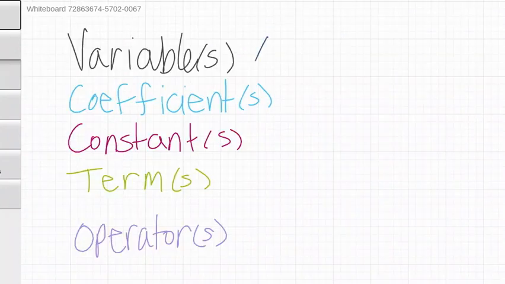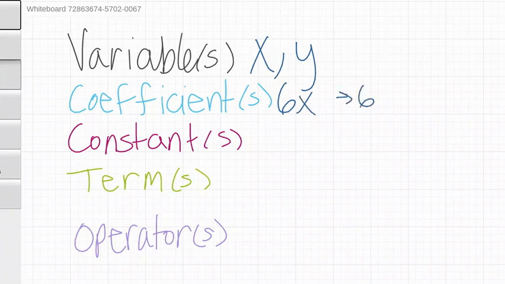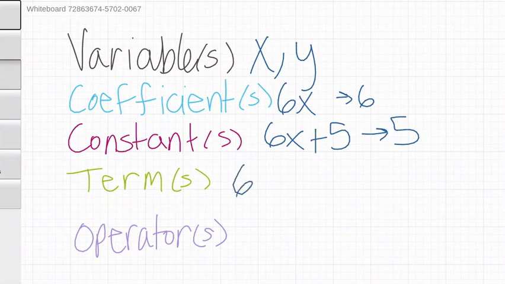These are all the basics you should know before you do this unit. Variables like x and y are letters that take the spot of an unknown number in an expression or equation. Coefficients like 6 in 6x are being multiplied by a variable, so it therefore changes the variable's value. Constants like 5 in 6x plus 5 do not change in value due to being multiplied or divided by a variable.